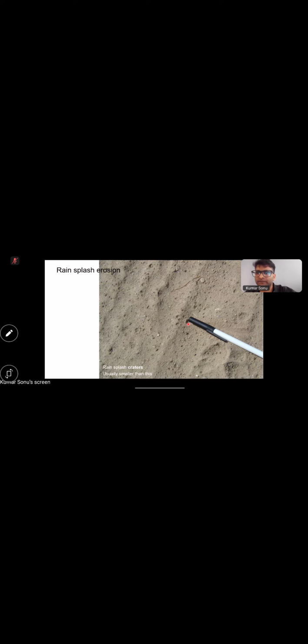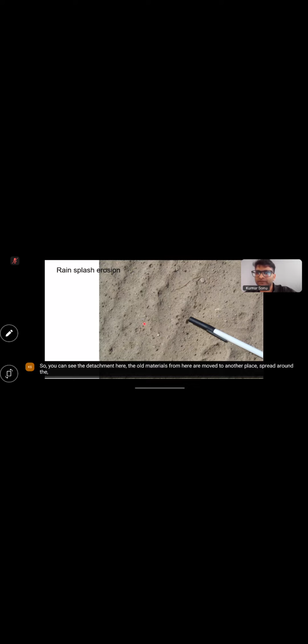But if rainfall happens on a very hard rock surface, there will not be much detachment. Sandy materials are very easy to detach. You can see the detachment here: the materials are moved to another place, spread around the area. In real life, it can be smaller, and it can be bigger as well.